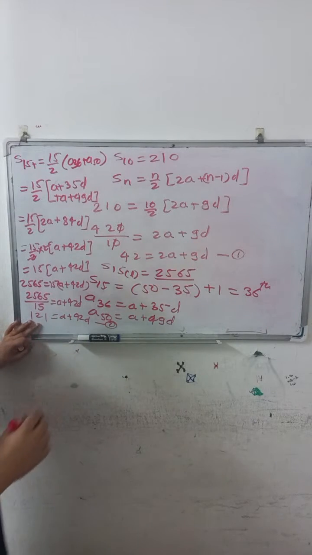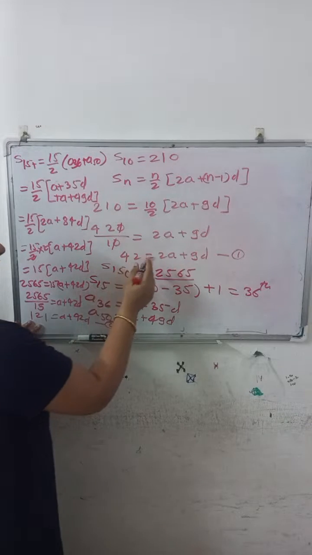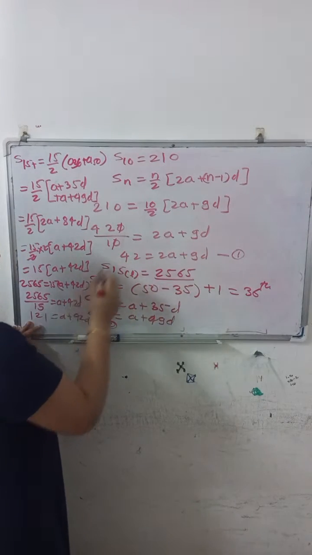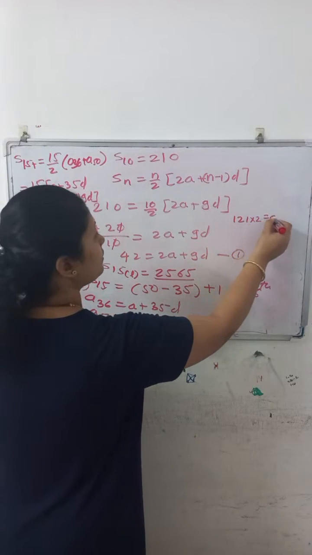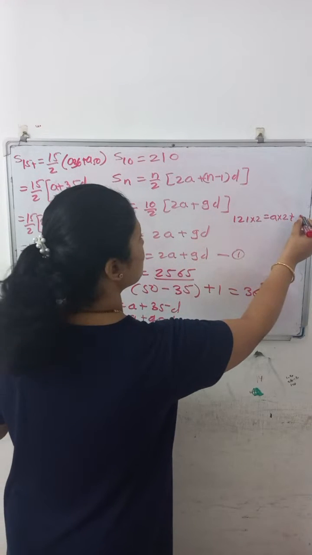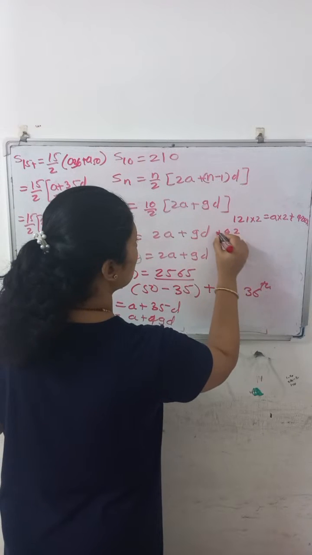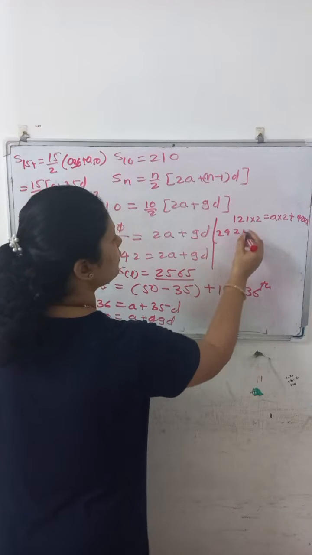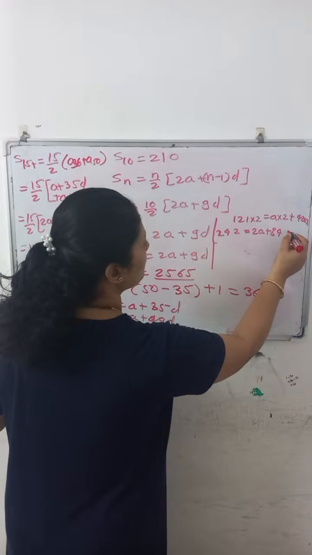So here I got 171 is equal to A plus 42D. In the first equation I have 2A plus 9D equal to 42. So what I will do here, for equation 2 I multiply by 2: 171 by 2, into A into 2 plus 42 into 2 into D. So here 342 times A plus here 84D.